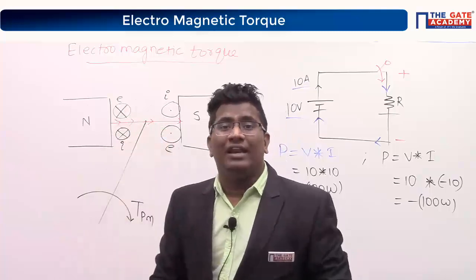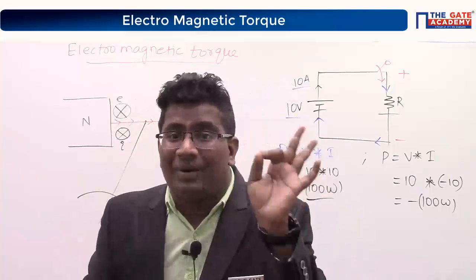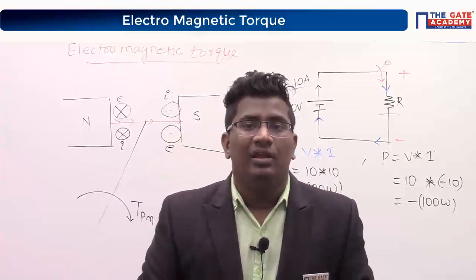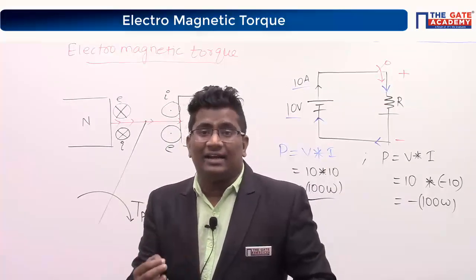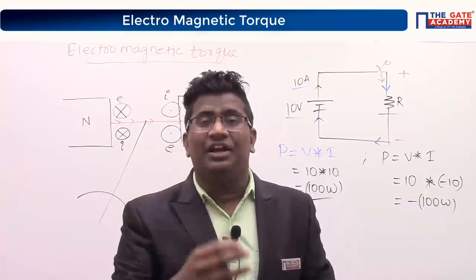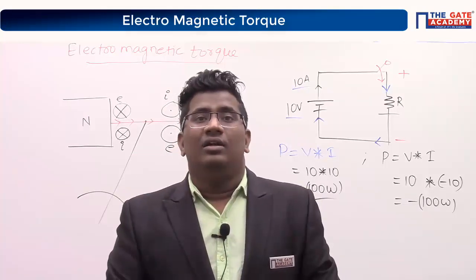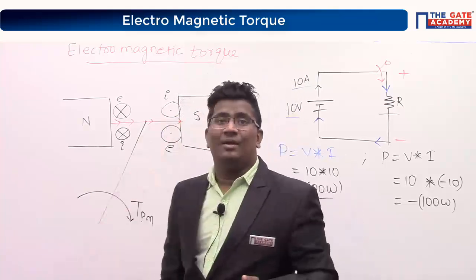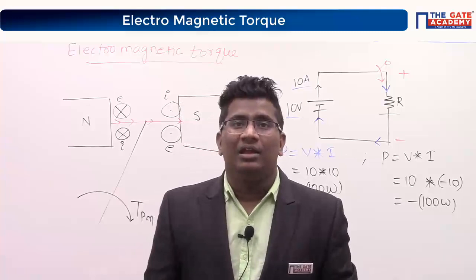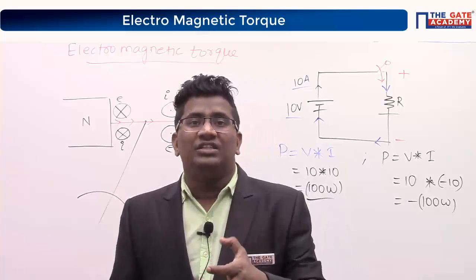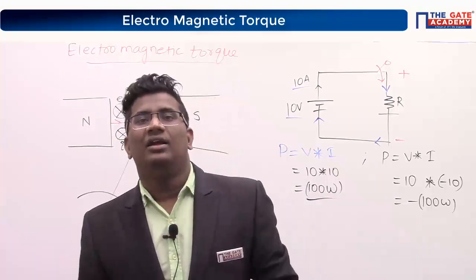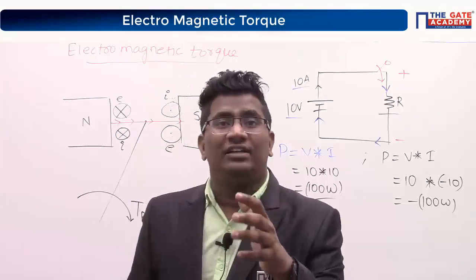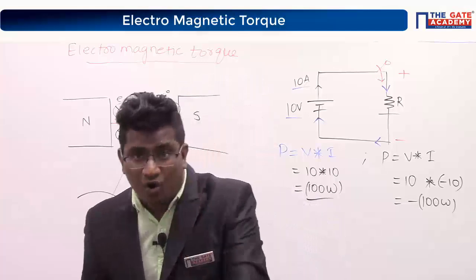Now you tell me, whenever a current carrying conductor is placed inside a stationary magnetic field, what will happen? Come on. It will experience a force on it, correct? Respond everybody. That force is called what? Lorentz force. Yes or not?